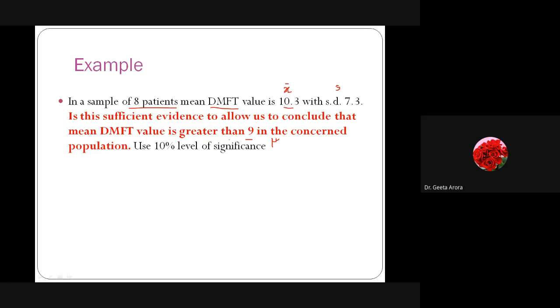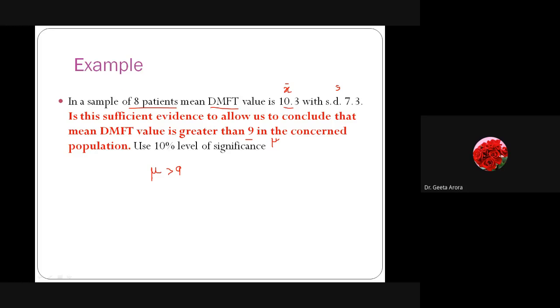Now, should mu greater than 9 go in the null hypothesis or the alternative? This is what the question is saying: that whatever data is given, is it sufficient? I think it will go to the alternative.